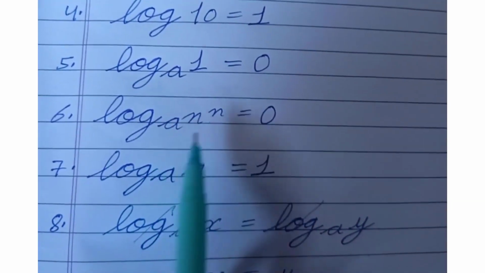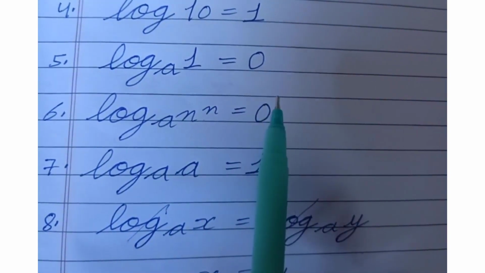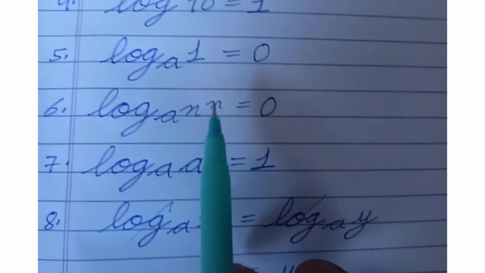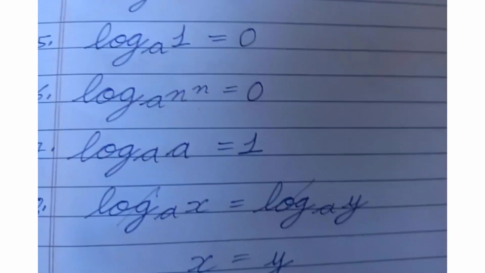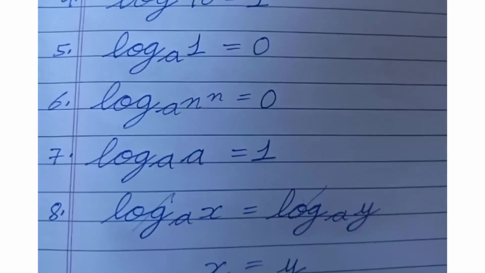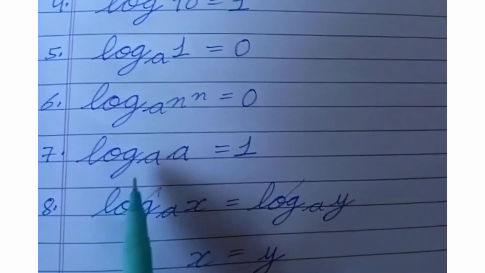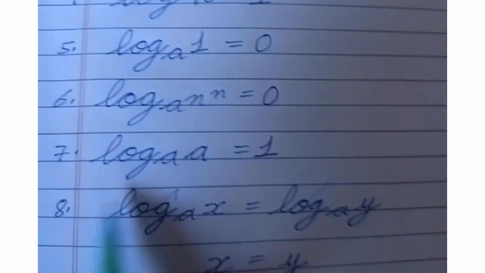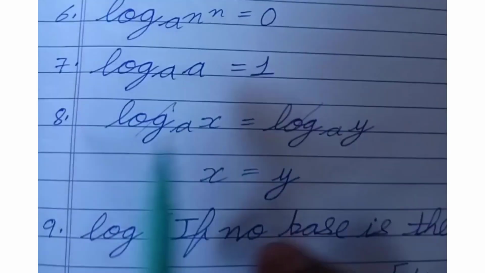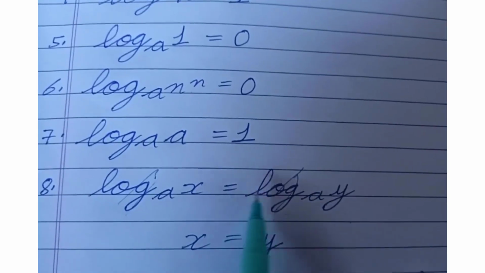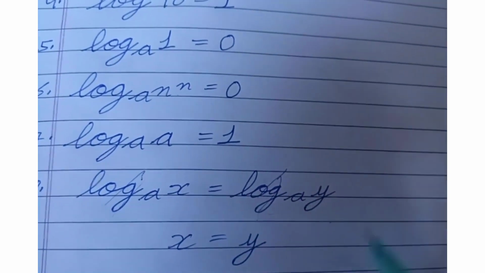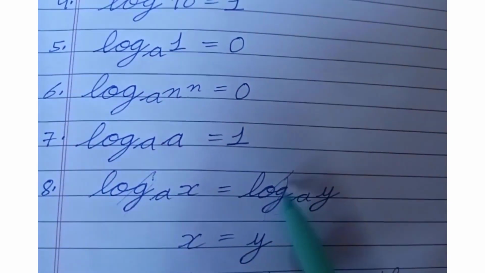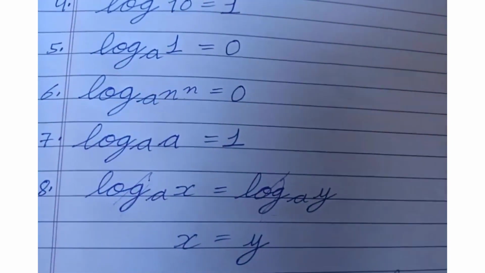If log a n power n is given, or log tan n power n, or 5 power 5 is given, then the value is 0. If log a a is given, then the value is 1. Here log tan is also given. If log a x is equal to log a y is given, we cancel log a and x is equal to y remains.